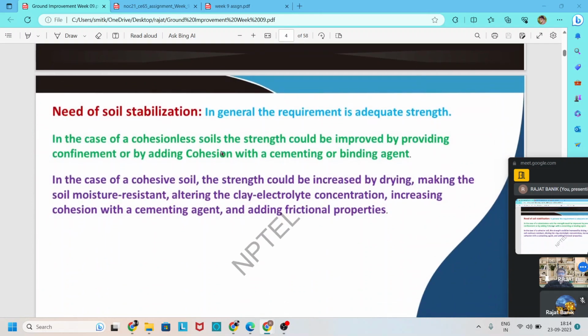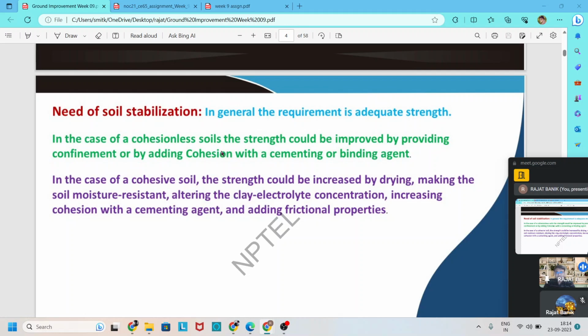So now we discuss the need for soil stabilization. The main purpose of soil stabilization is to increase the strength of the soil. If you remember, for every ground improvement technique we discussed till now, the first stage is to improve the strength of the soil.